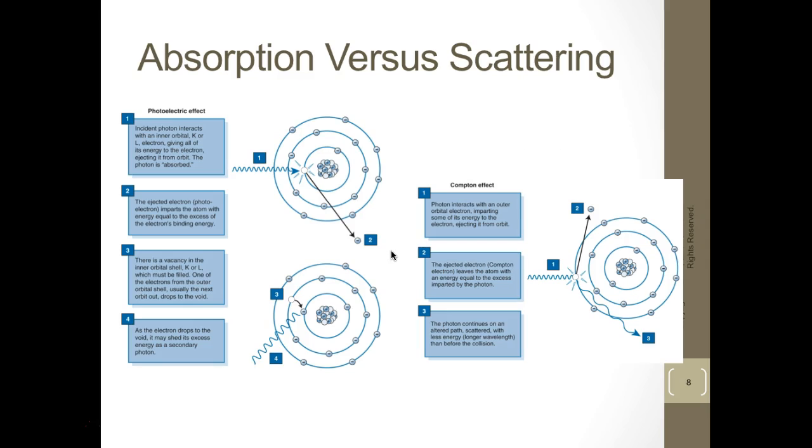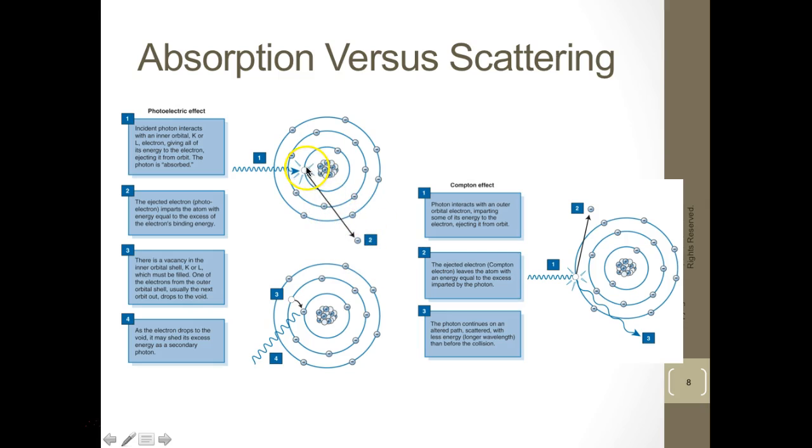So looking here, absorption versus scattering. If we look at the photoelectric effect, the incoming photon interacts with the inner shell, so K or L shell, and it gives all of its energy and ejects out an electron.